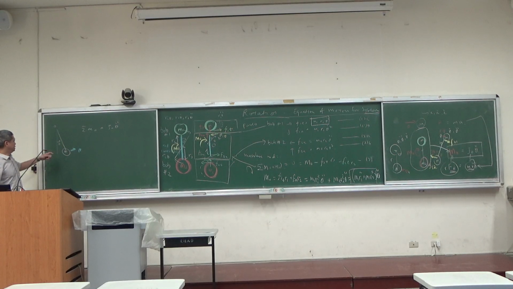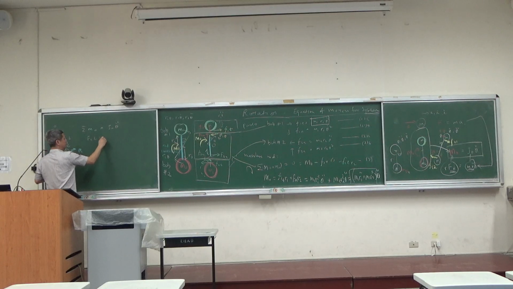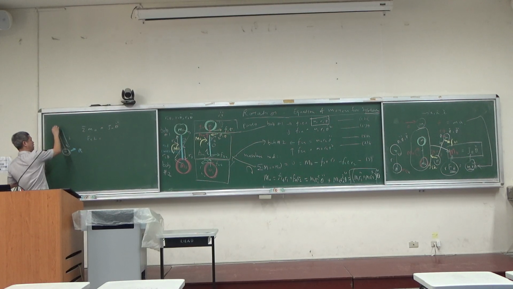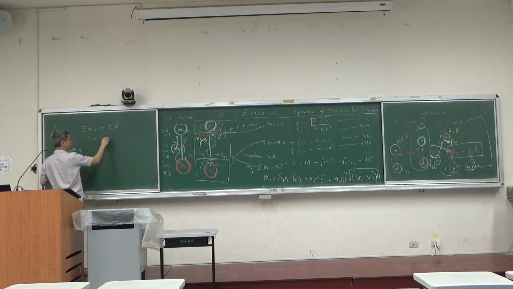In this case, what do you have? You have the moment, which is the tangential force times the moment arm, which is L. And then what is J naught? J naught here is based on the distance between the axis of rotation and the mass point. This is ML squared theta double dot.